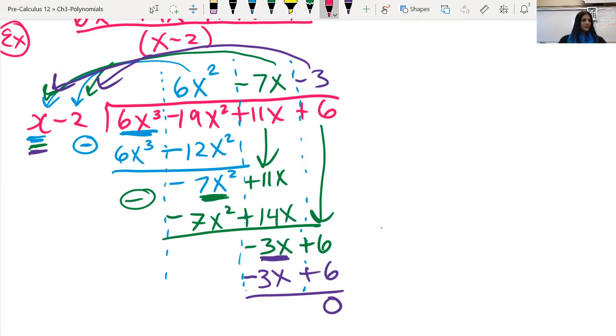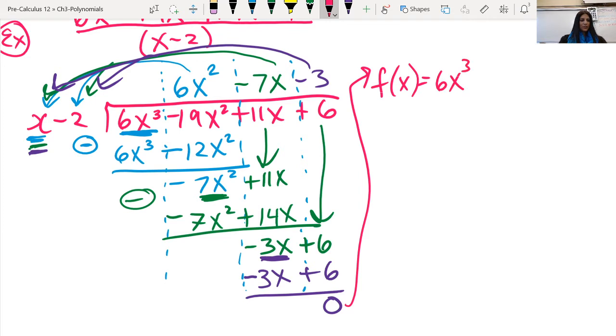So, in order to be able to make sense of this whole thing, I'm going to carry on up here, and I'm going to rewrite it in our division statement. F of x equals 6x cubed minus 19x squared plus 11x plus 6. This is the original thing that we started off with.